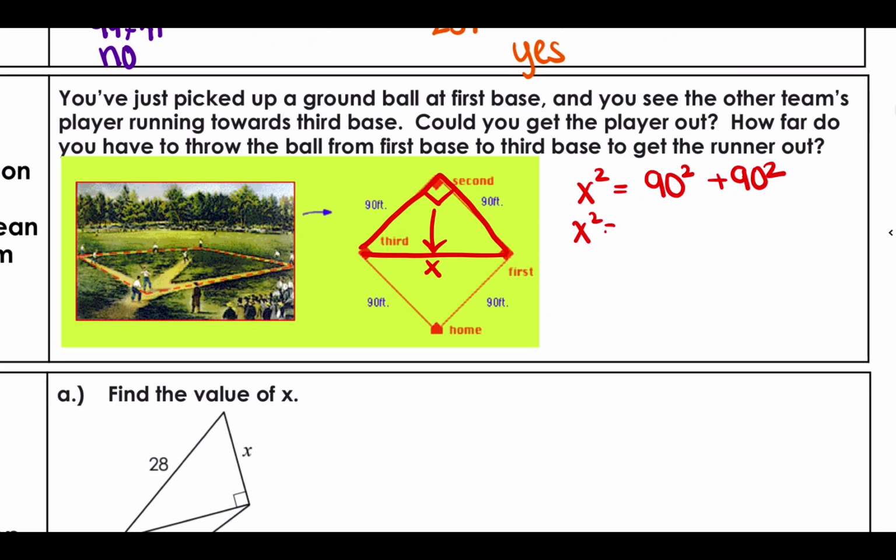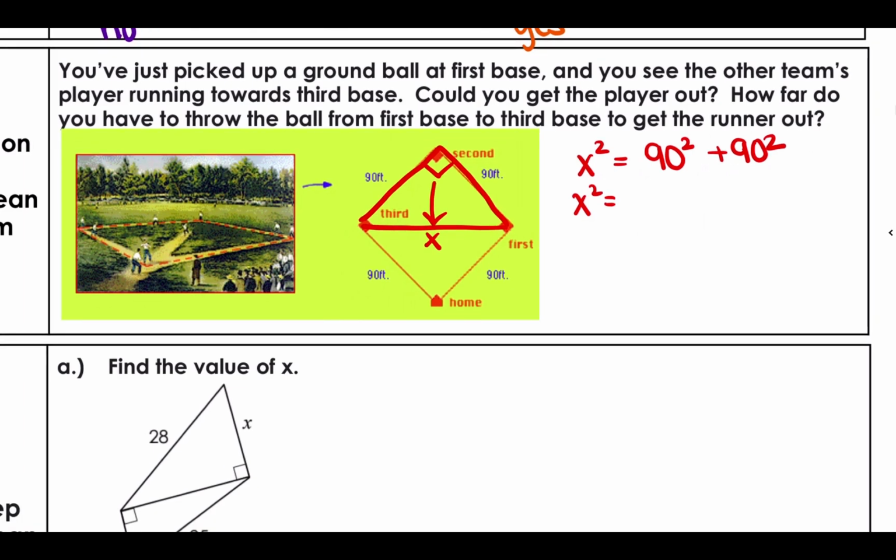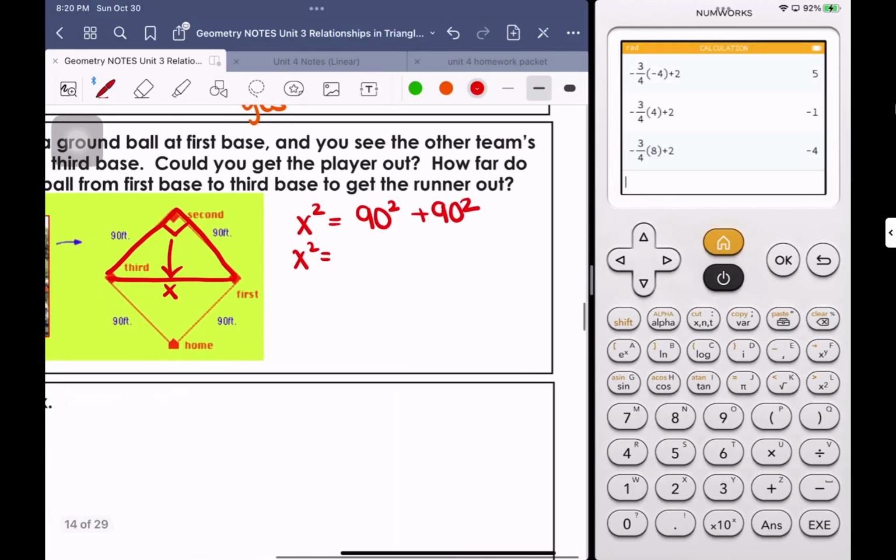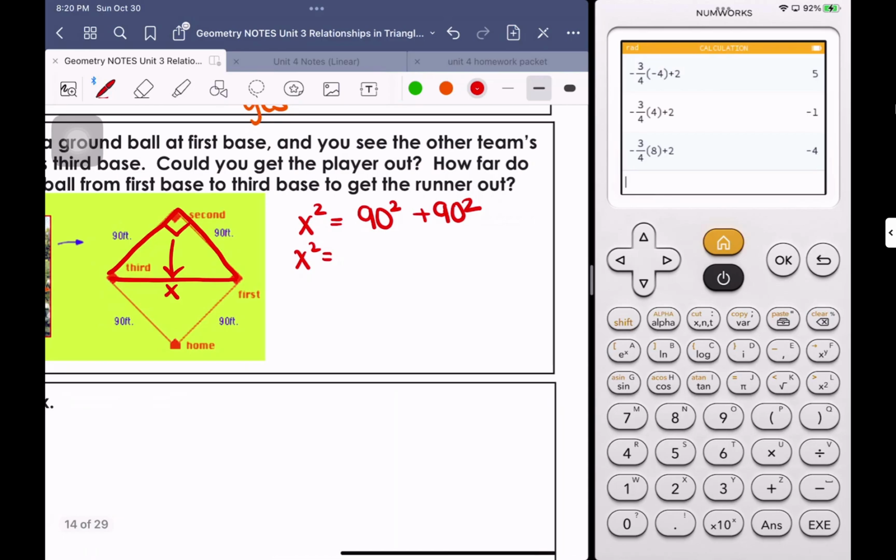If we plug these in, so I'll show you what I'm doing on your calculator, if you just do 90 squared plus 90 squared, to save us a little bit of time, add that together, we get 16,200.